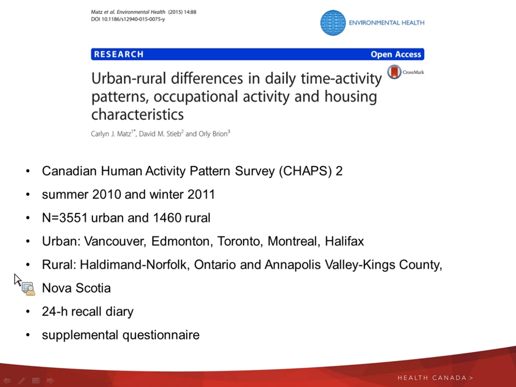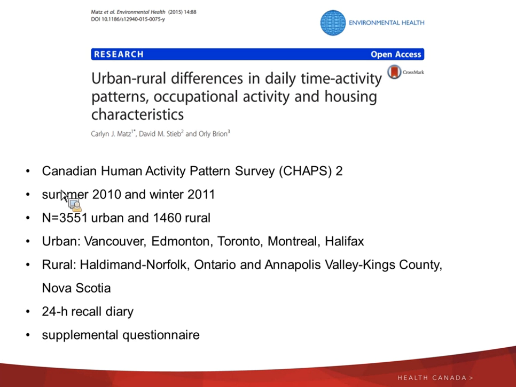It's based on the Canadian Human Activity Pattern Survey, or CHAPS-2. CHAPS-1 was carried out in the mid-1990s. This study was done in the summer of 2010 and winter of 2011, with about 3,500 urban respondents and 1,500 rural respondents. You can see the urban locations listed there.